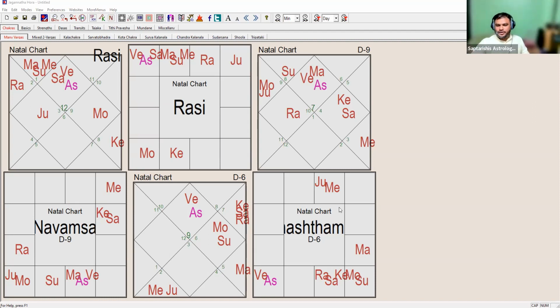But D6, D8 and D11 used to be in the Varga system. In the Shodash Varga scheme proposed by Parashara Rishi, they are not included. But in the Jaimini system they have D6 and D8, if I'm correct. There is a calculation given for it.